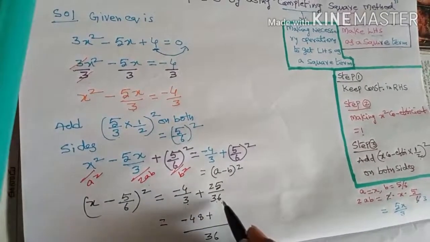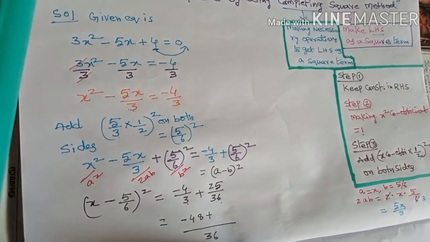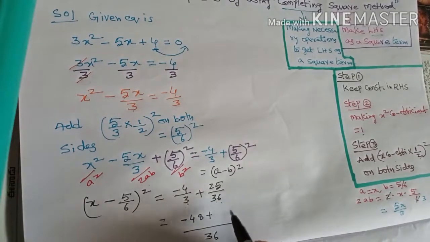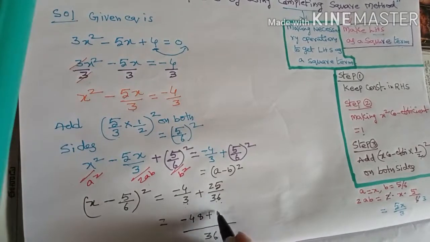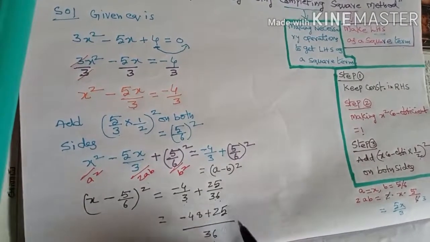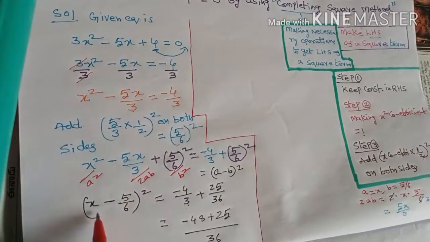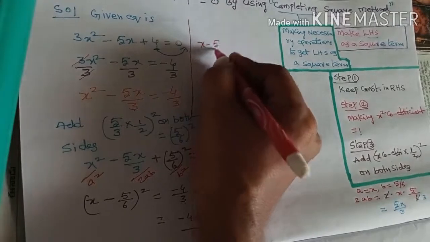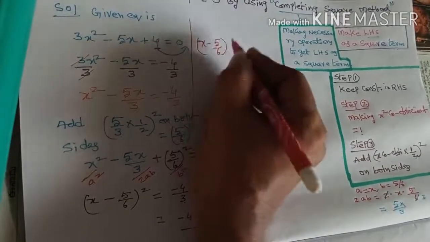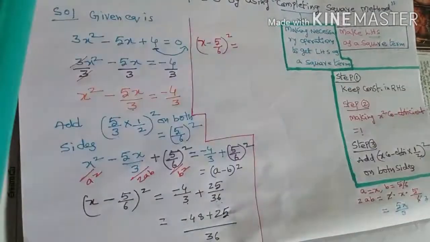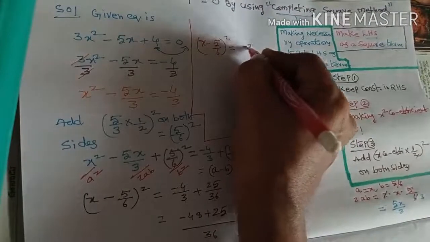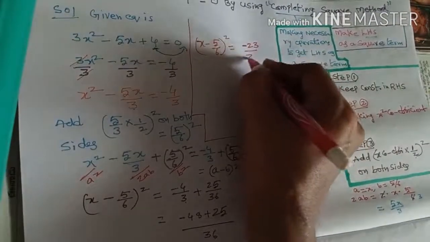Plus here you have 36, here also 36, so there is no change in the numerator, and you write 25 as it is. Then the LHS: x minus 5 by 6 whole square is equal to minus 48 plus 25, which is minus 23 by 36.